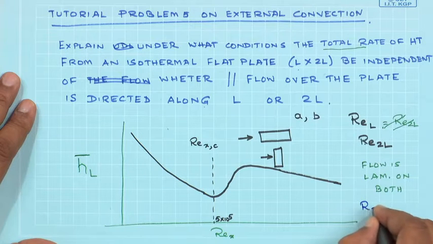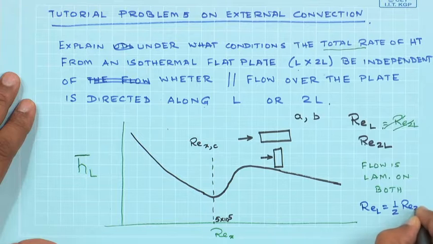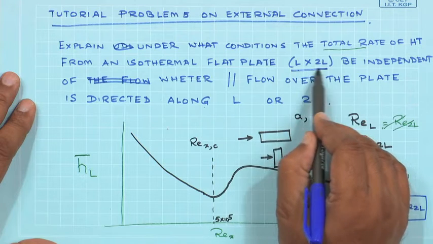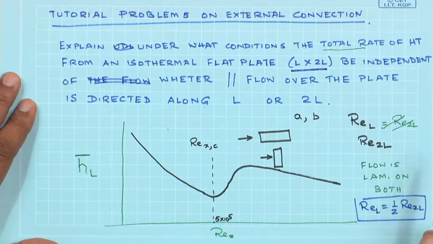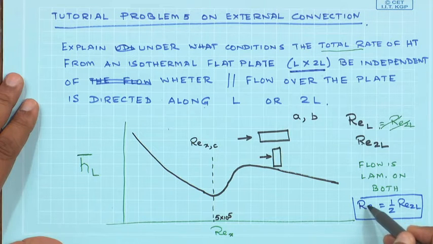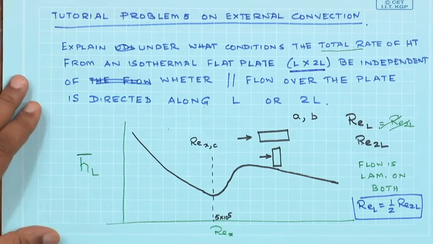So, the Reynolds number based on L would simply be half of the Reynolds number based on twice L, which is universally true since I have L on one side and the size is L and 2L. So, the Reynolds number based on 2L would simply be twice that of the Reynolds number based on L, everything else remaining same.